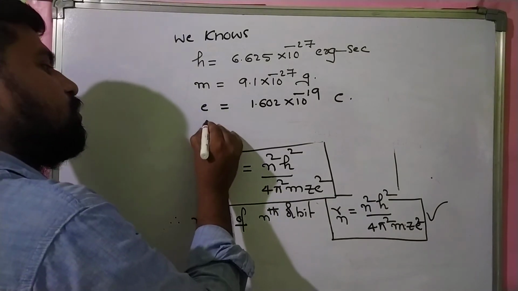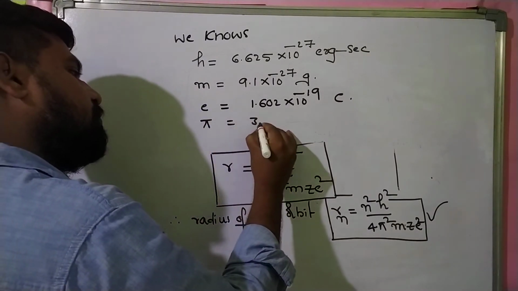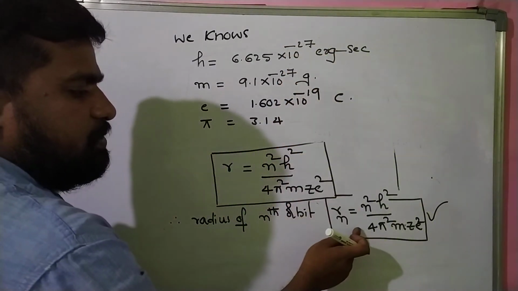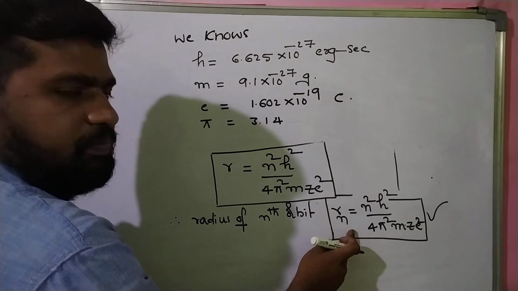Now pi value also 3.14. Now all these values are substituted in this equation.